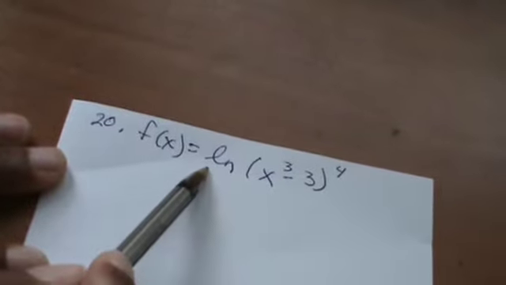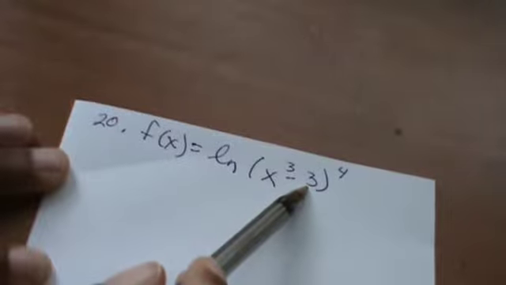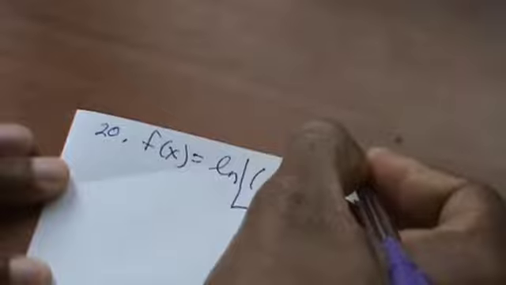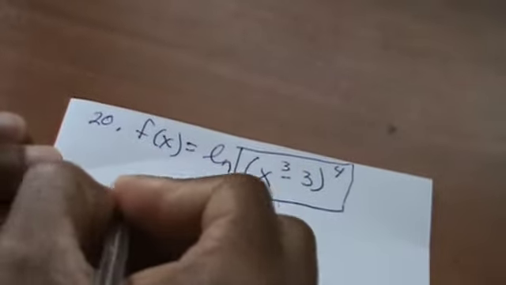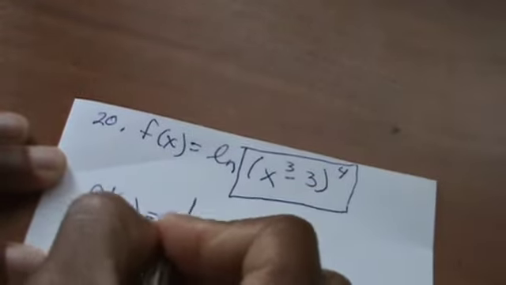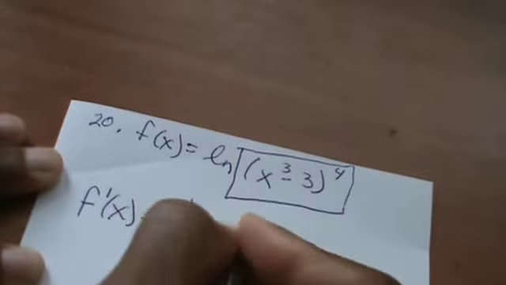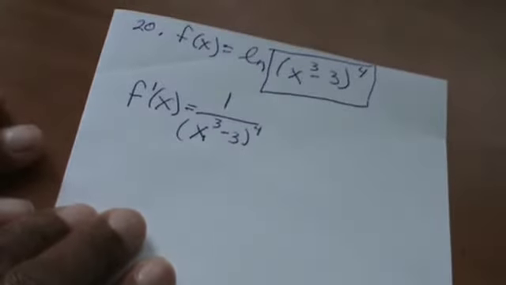So the natural log of x cubed minus 3 to the 4th power. So to remind myself of that, I'm going to put a big bracket around that. So then if we do f prime of x, this equals 1 over all of that. So x cubed minus 3 to the 4th power. The entire thing. Okay?